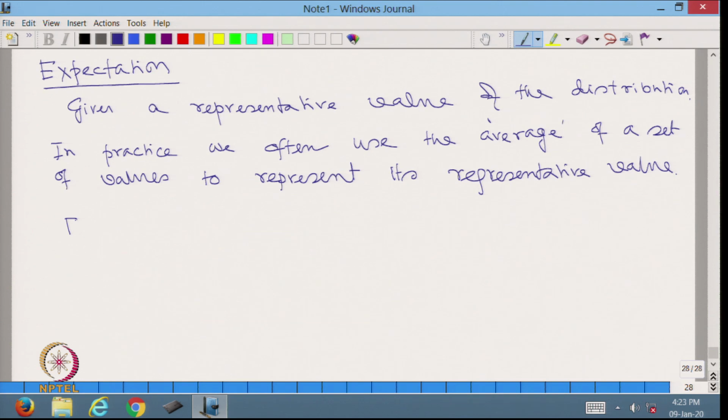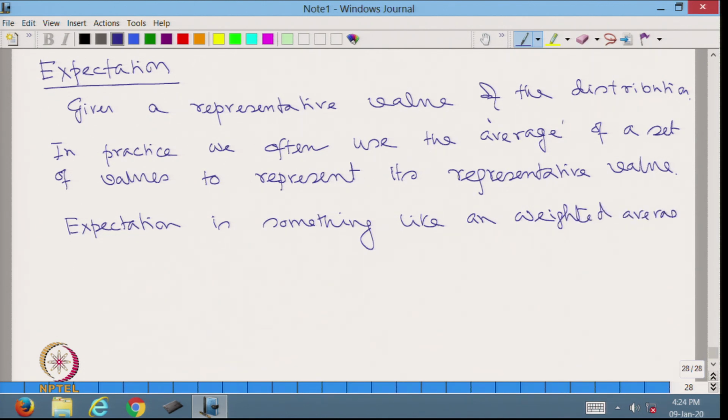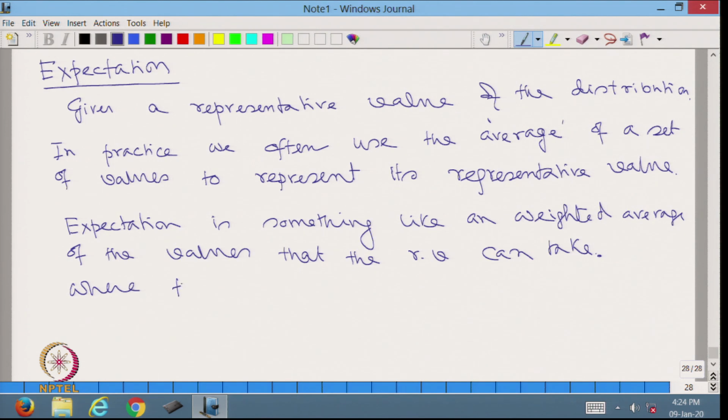So, expectation is something like a weighted average of the values that the random variable can take, where the weight comes from the underlying distribution.